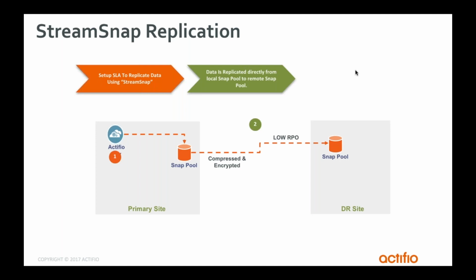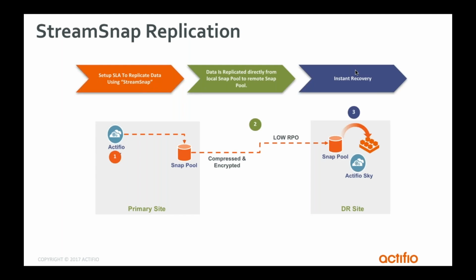When the problem's been resolved, you can restore the sync back image to the local site with the latest changes and then fail back the application to the production site. The great thing about this is that StreamSnap replicates data snapshots to the remote appliance snapshot pool without any deduplication step. This allows us to provide an RPO as low as 1 hour.